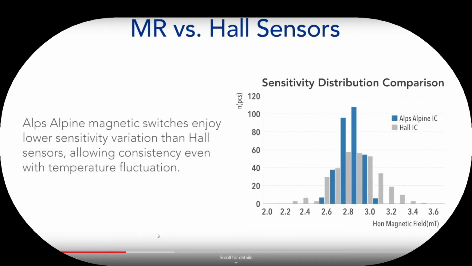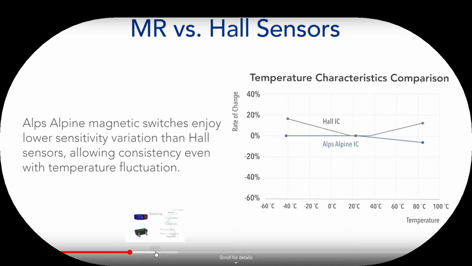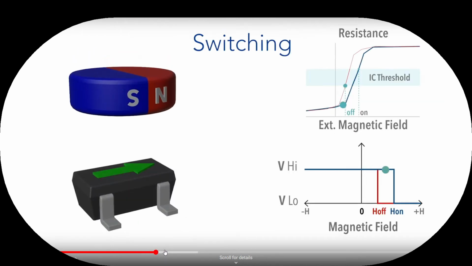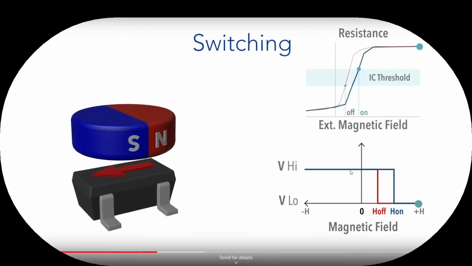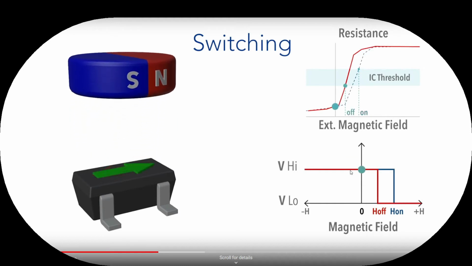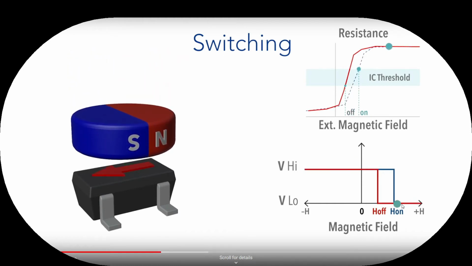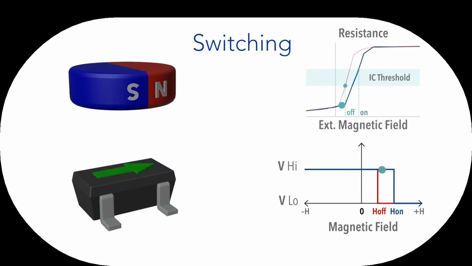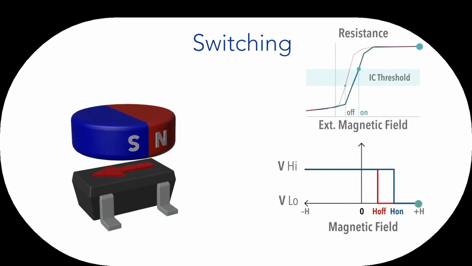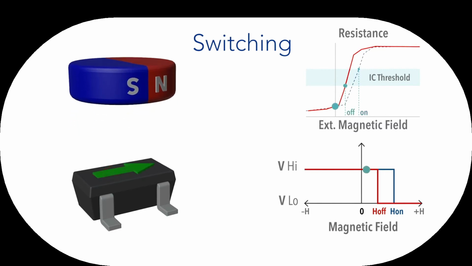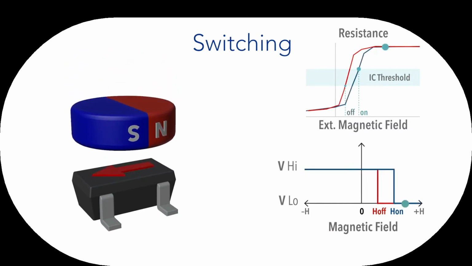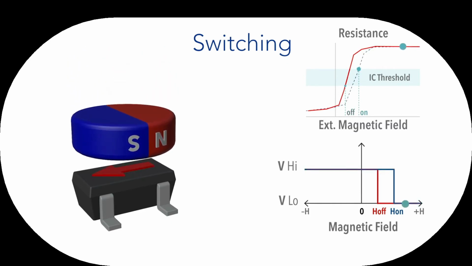Okay, here is the sensitivity variation compared to the Hall sensor effects. See, high voltage, low voltage here, high voltage, low voltage because of the high resistance. You will make that change in the resistance with you.